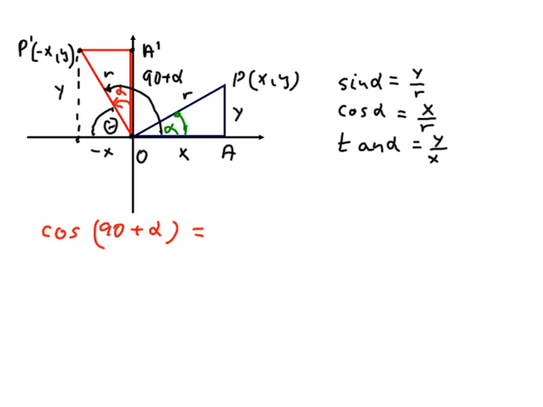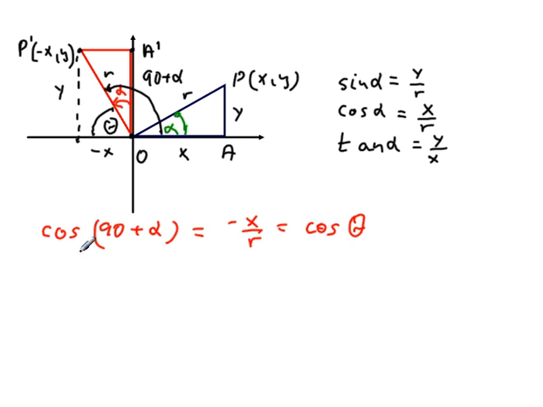Now, cosine of 90 degrees plus alpha. Once again, from a previous video, 90 plus alpha represents an angle which is greater than 90. So the cosine ratio in the second quadrant is equivalent to the ratio negative x over r, which is, in other words, cosine of angle theta.